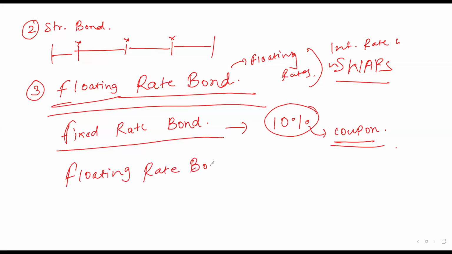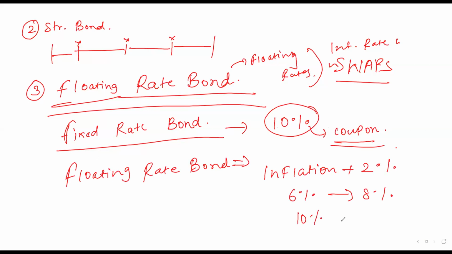For example, the variable coupon could be inflation plus 2%. So there is a bond. If 6% is the inflation, it gives you 8% coupon. If 10% is the inflation, it gives you 12% coupon. If 4% is the inflation, it gives you 6% coupon.